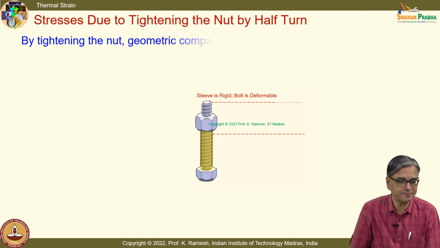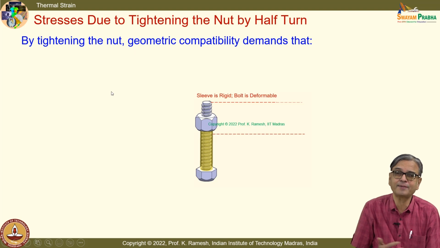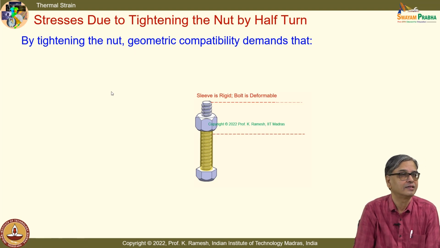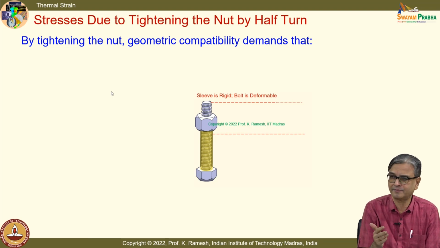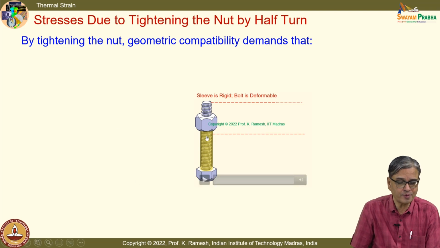Now, we will first take up the tightening of the nut. And what is the geometric compatibility? If you remember the discussion, you can very well go ahead. But even if you do not remember, I gave you a methodology to get the geometric compatibility. You visualize the two members that are interacting, you make one of them rigid, another deformable.